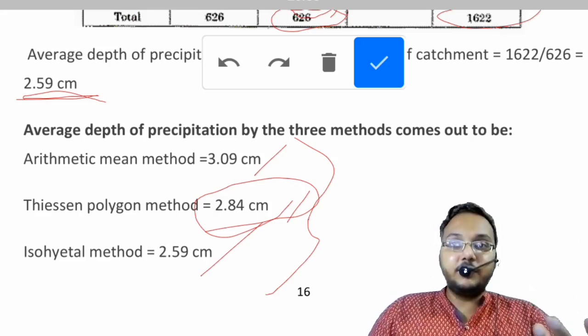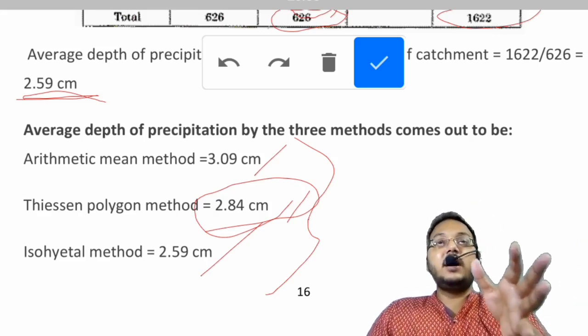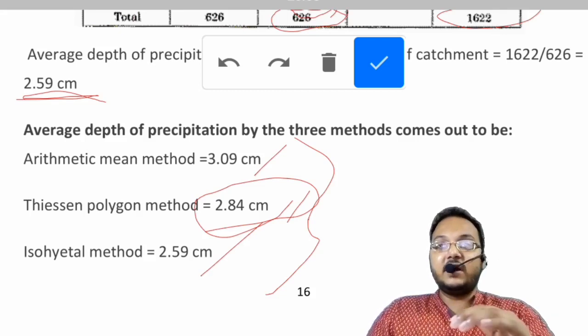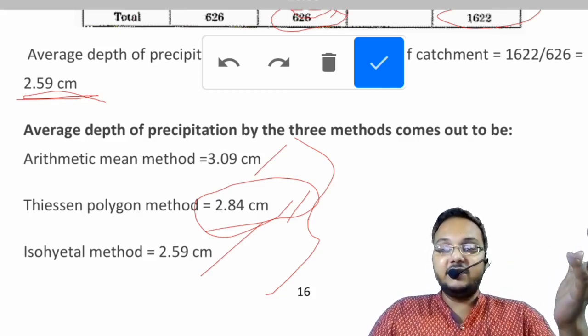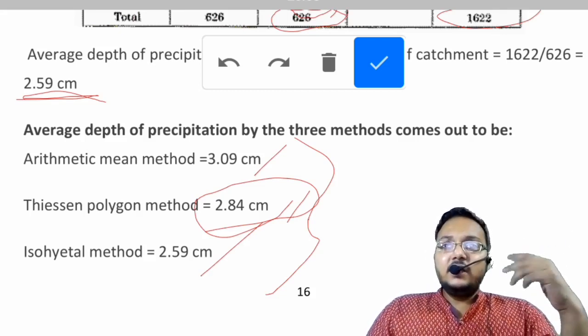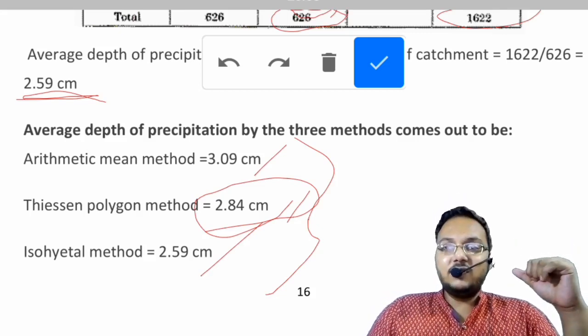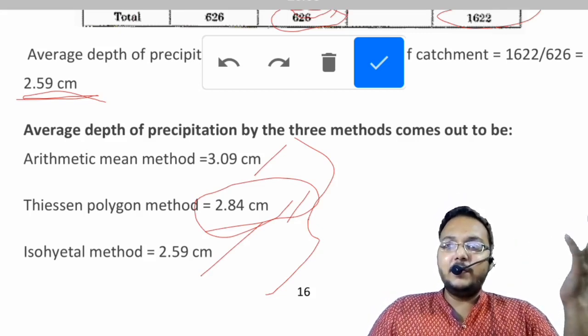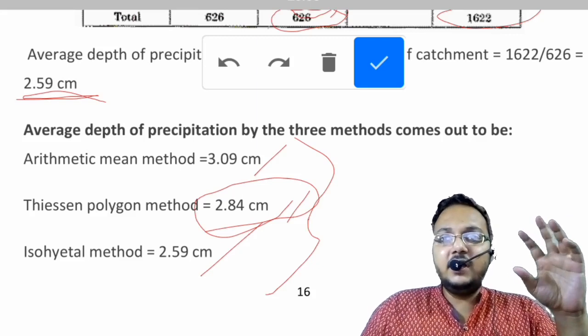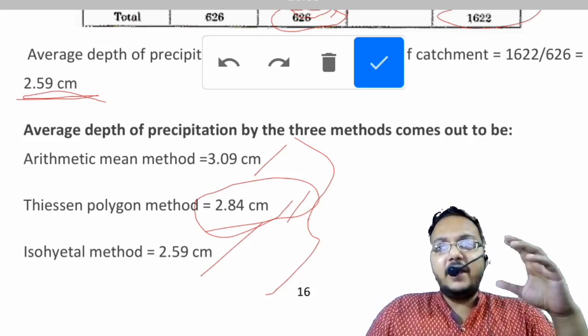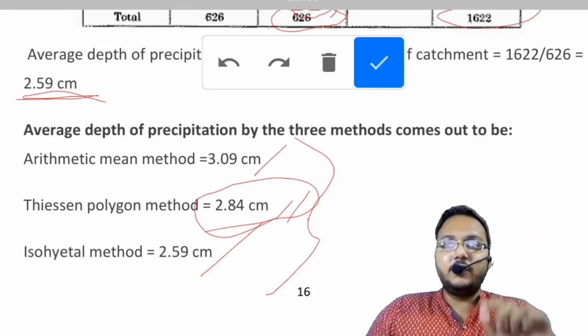Similarly, if it was below 500, the arithmetic method would give the correct answer. The values won't vary so much, and the catchment is very small in that case, so the arithmetic method is sufficient to get the value.